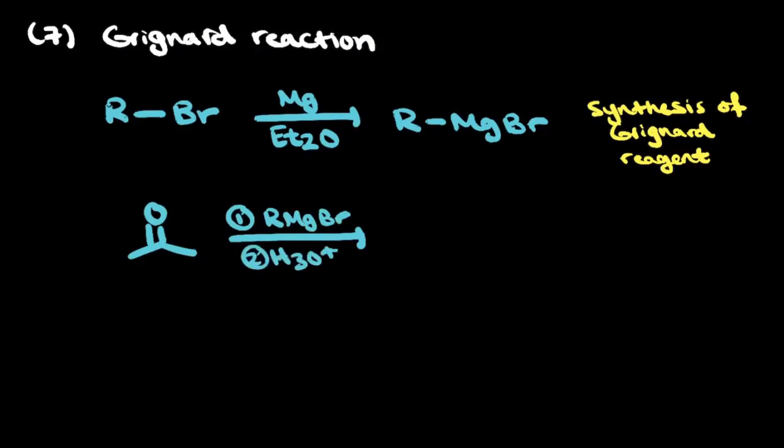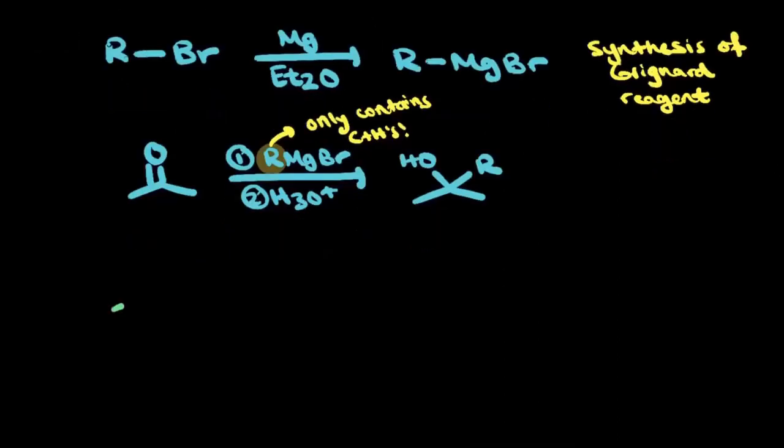Make sure that your R group only contains carbons and hydrogens. That R group will attack in a very similar style to how the hydride did in the hydride reduction. There is a transition state, but Dr. Falzone, I believe, does not require you to know that, so I'm not going to go over it.